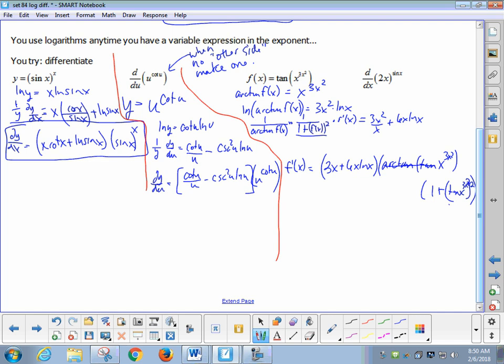So it's 1 plus tangent of x to 3x close the parentheses squared. 3x, the x is squared, then the tangent is squared. Let me write it better this way. 1 plus tangent of 3x squared squared. Okay? That is gross. That's better.